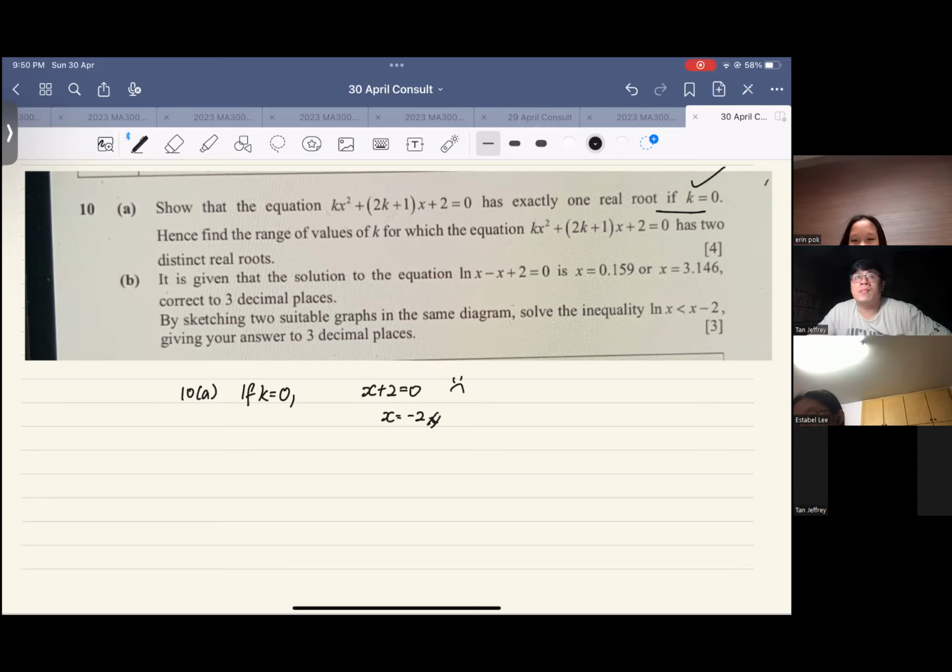So I just leave it like that? You can see that if I sub k equals to 0, you only have one answer. So you have showed yourself that when you sub k equals to 0, you have only one root, which is x equals negative 2.